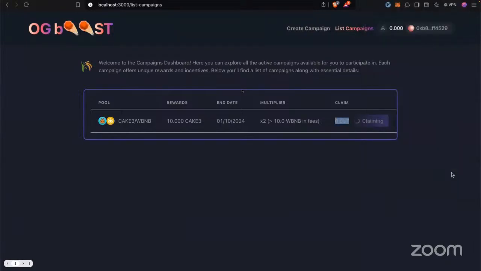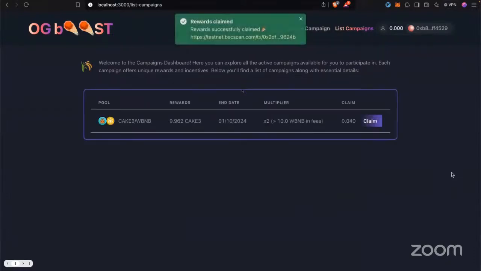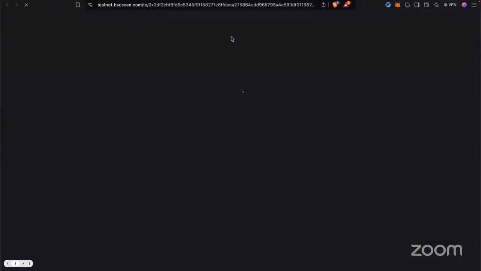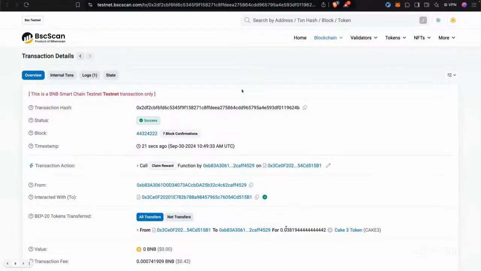The usual LP fees she will withdraw via the PancakeSwap V4 interface, but here she's claiming the additional farming rewards offered by the incentive provider. And because Alice is also an OG, she has earned twice as much compared to Bob. Okay, transaction is confirmed, and we can see that the tokens have been transferred to Alice's wallet.